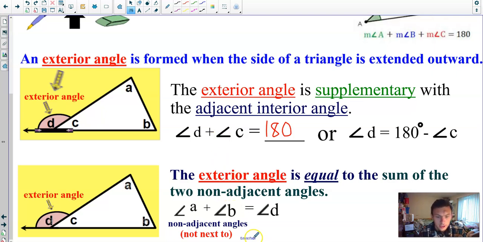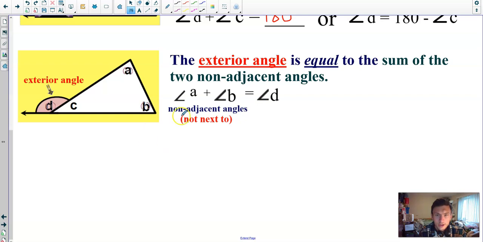There's also one more thing that you need to know, and it's known as the exterior angle theorem, but don't worry too much about that. There is another way to find this exterior angle, angle D. The exterior angle is equal to the sum of the 2 non-adjacent angles. Remember, adjacent means next to, so non-adjacent means not next to.